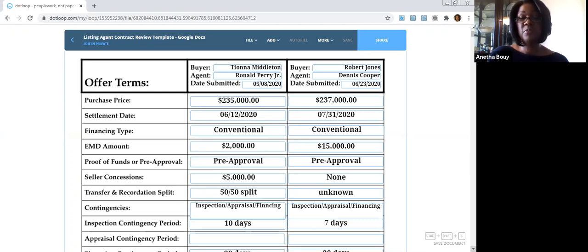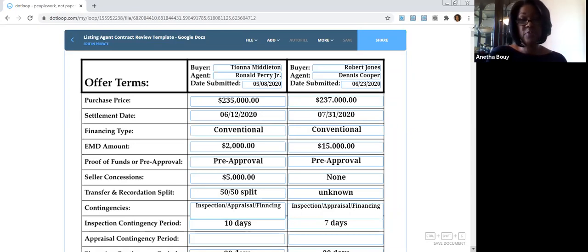It's a deposit that the buyer puts down because they're trying to convey to the seller that they are really interested in this property and want their offer to be selected. They want you to take them seriously and not go with another offer and not have the property available to anyone else.